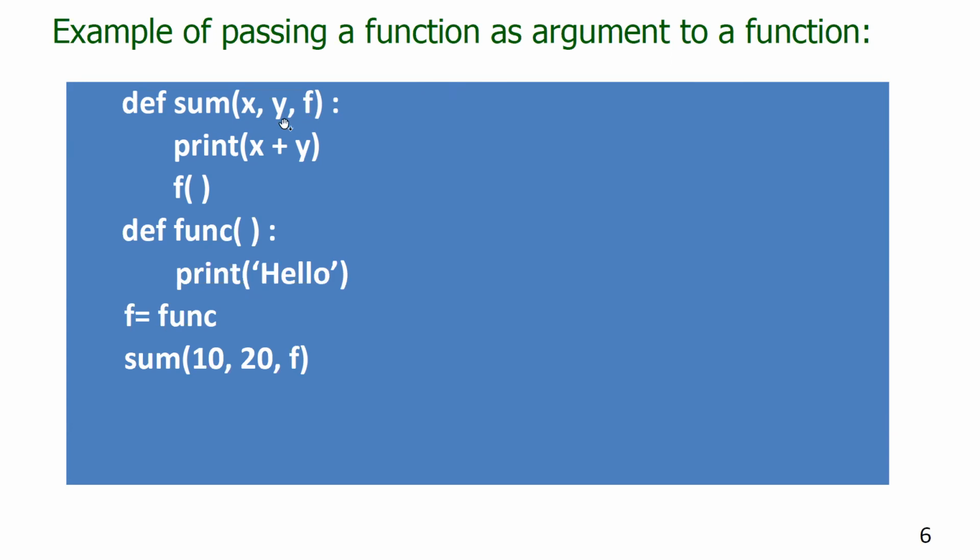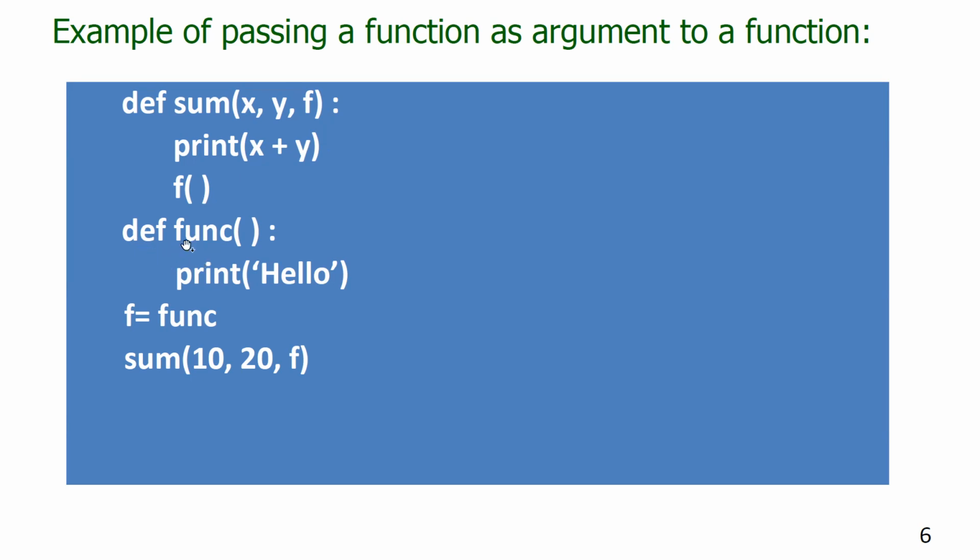In this function, first we are going to calculate the sum of x, y, that is print x plus y, and f. Here f is a variable or argument, so simply we can call it as a function, that is f parenthesis.